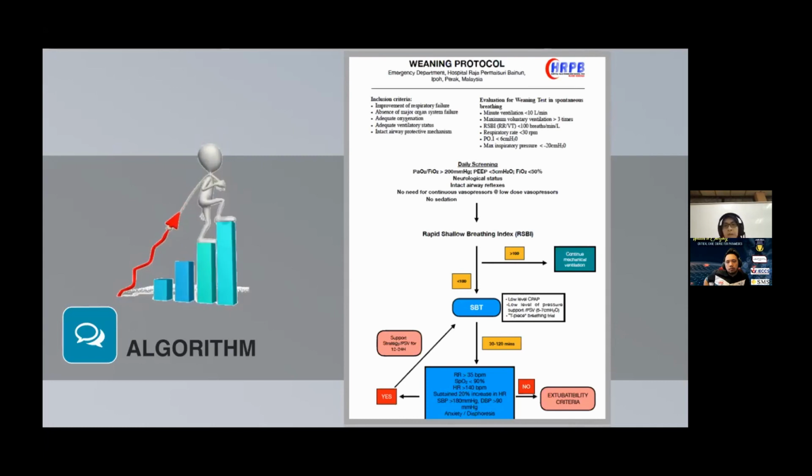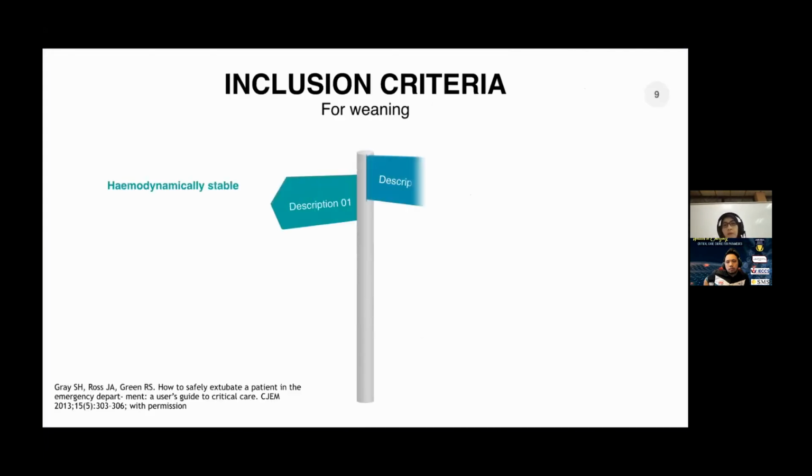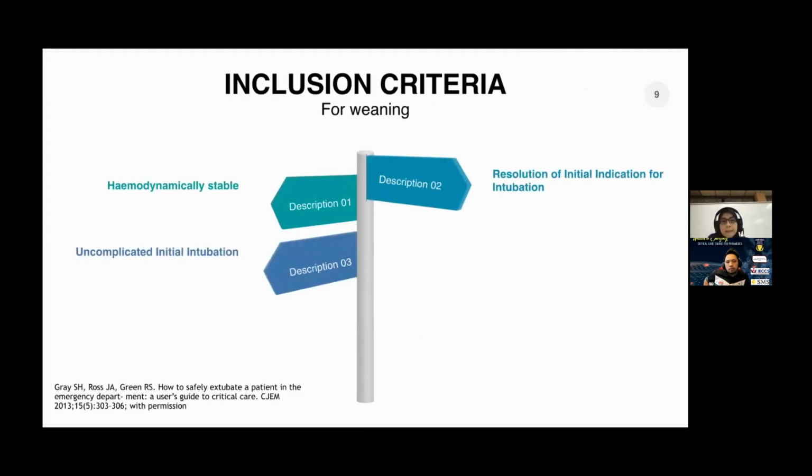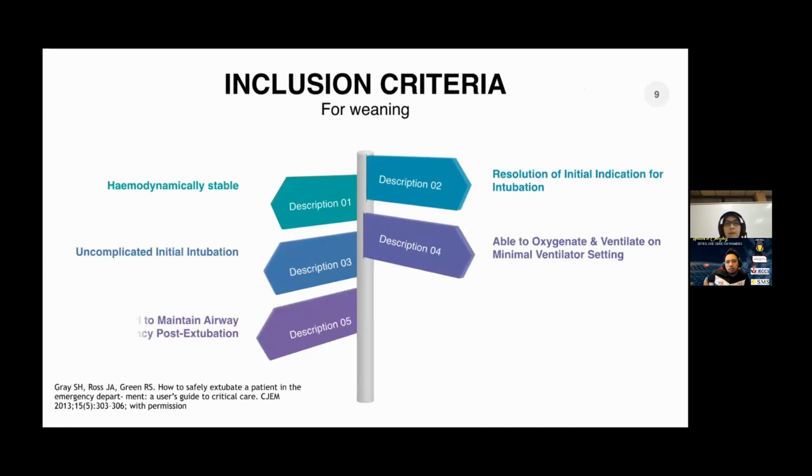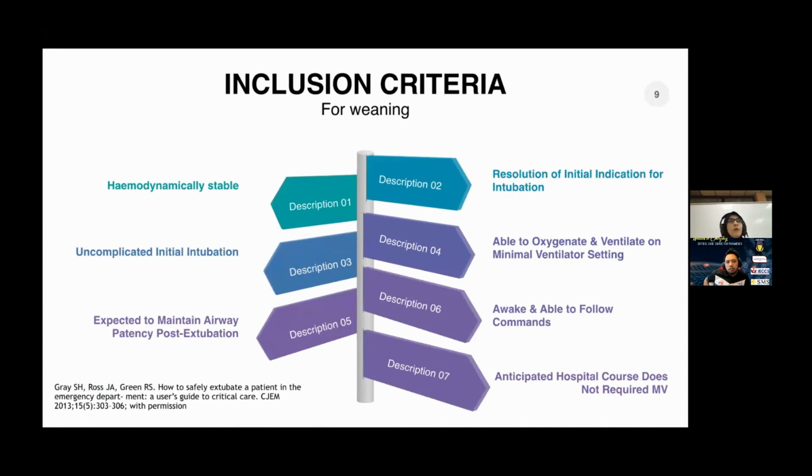So what are the inclusion criteria for weaning? The patient needs to be hemodynamically stable. That's number one. That is the most important thing. The patient shouldn't be on a high dose of inotropic support, and shouldn't be on multiple inotropic supports. And once you intubate, there should be no history of complicated intubation.